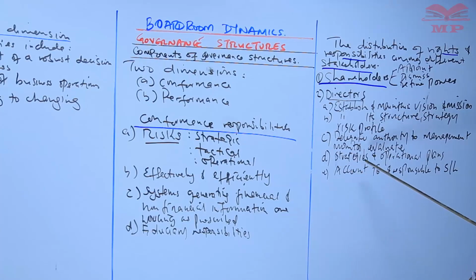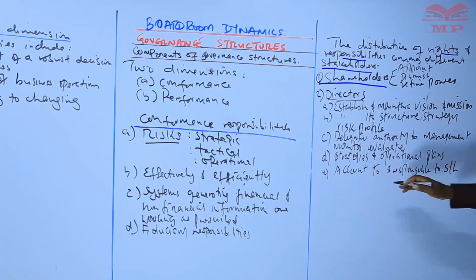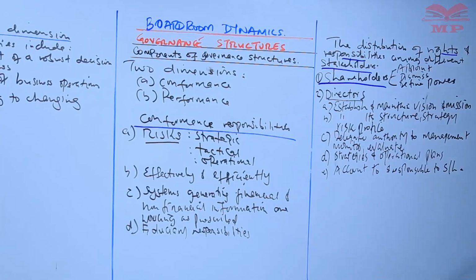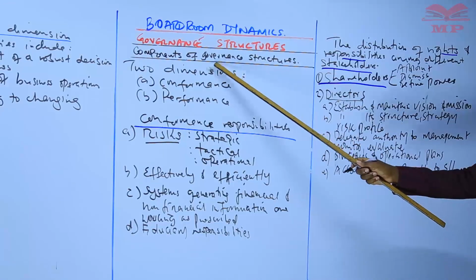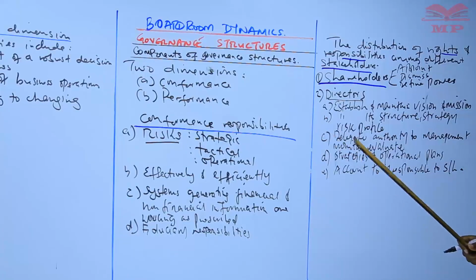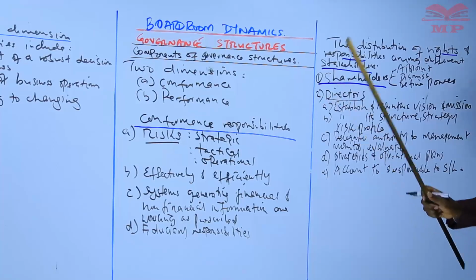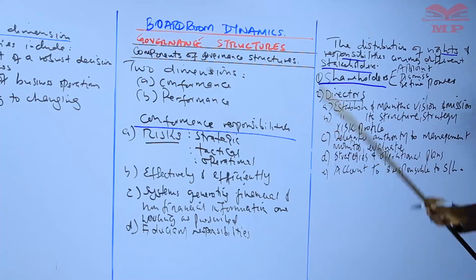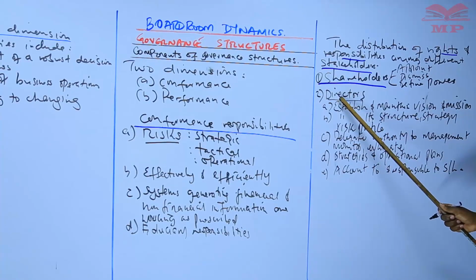D, they develop strategies and operational plans, and E, account to and are responsible to the shareholders. Is that clear, learners? And don't forget, we are discussing components of governance structures. We've defined governance structures as a framework that specifies the distribution of rights and powers, rights and responsibilities among different stakeholders. This is directors as stakeholders.